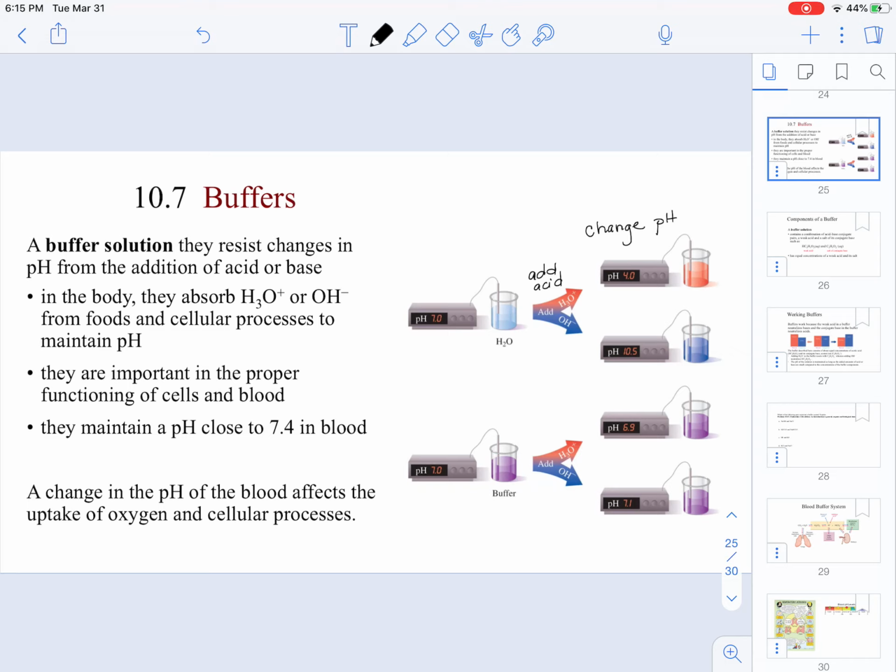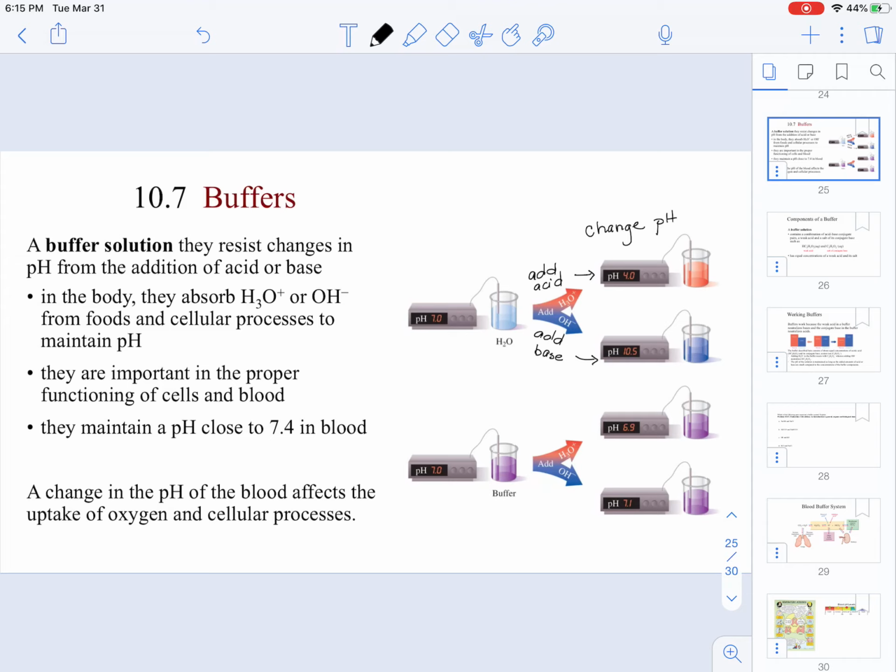As you can see, as you add acid, it changes all the way to 4. If you have a brand new beaker with water that starts at pH 7 and you add base to it, similarly we see changes in pH, but in this case the pH increases, all the way up to 10.5.